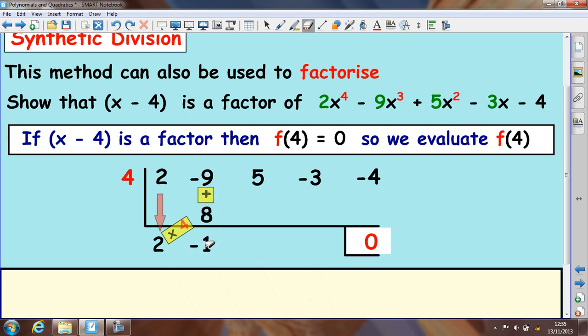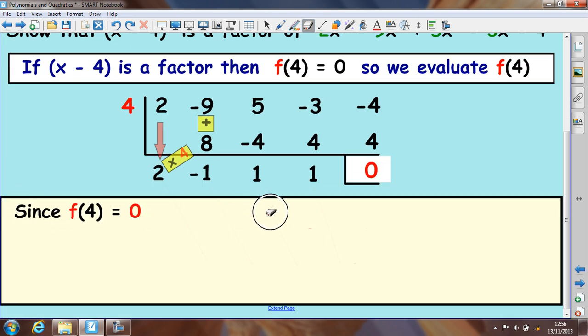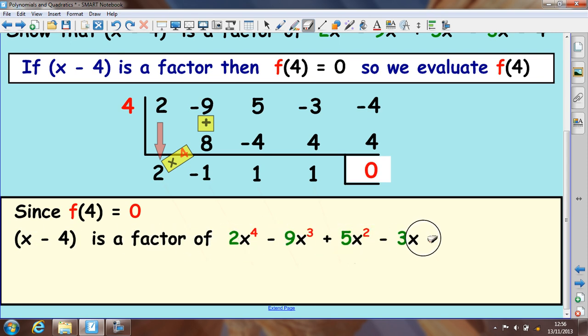So that's negative 1 multiplied by the 4, add together, multiplied by the 4, add together, multiplied by the 4, and 0 pops out. So we can say quite confidently that f of 4 is equal to 0, and that means x minus 4 is a factor of this.